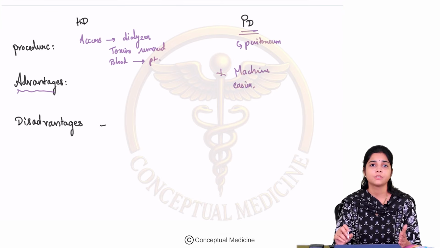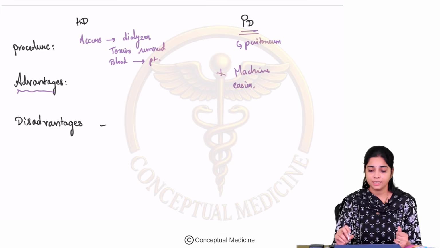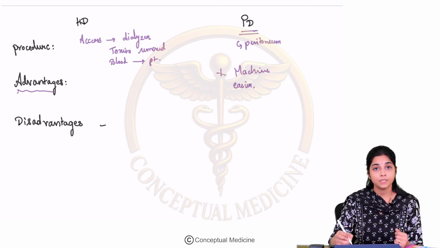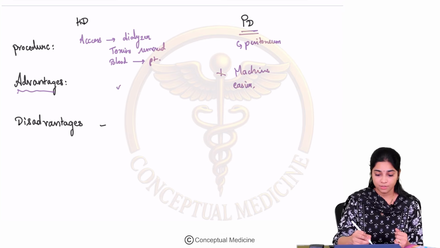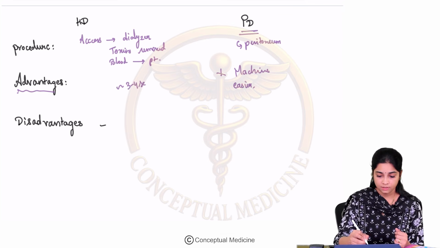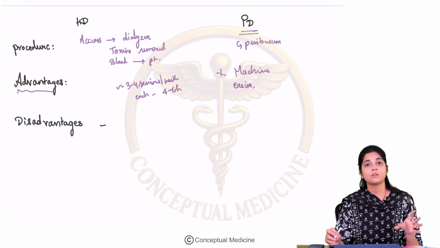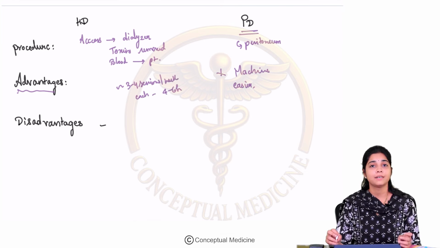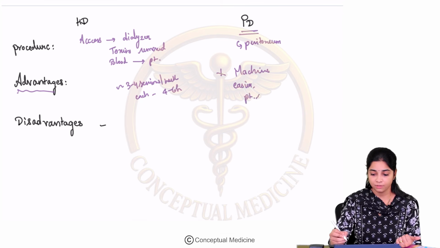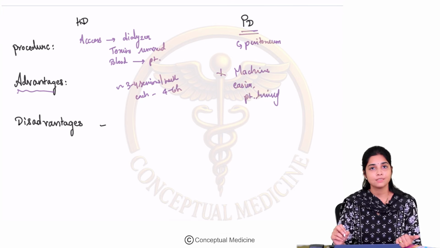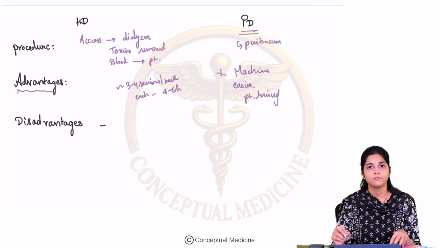Because hemodialysis basically requires about 3 to 4 sessions per week, and each session is around 4 to 6 hours. So there's a lot of time that is going on, but peritoneal dialysis can be done at night. It can be done by the patient himself. It does not require any machine or much support. That is the reason why peritoneal dialysis is more favorable.